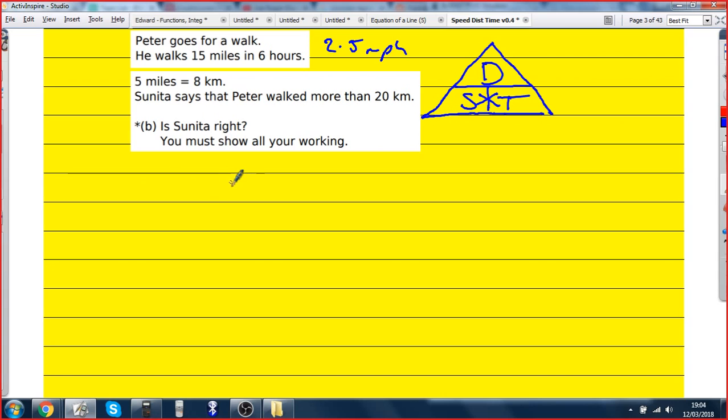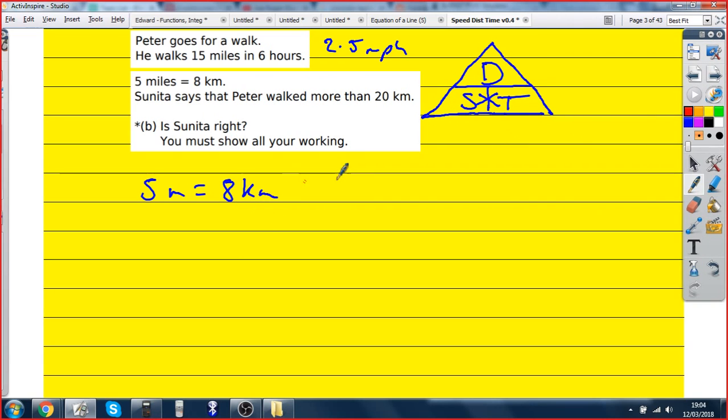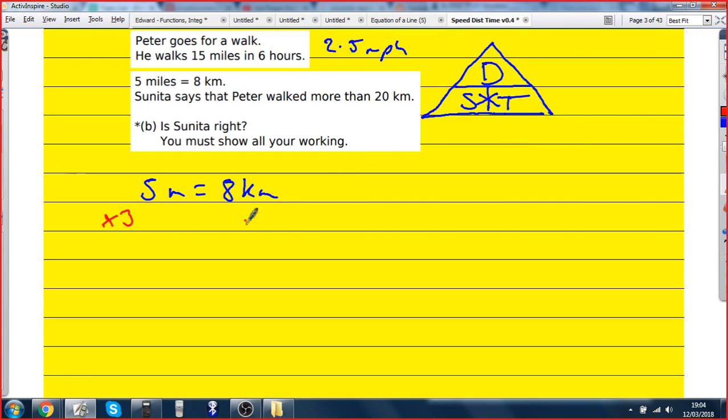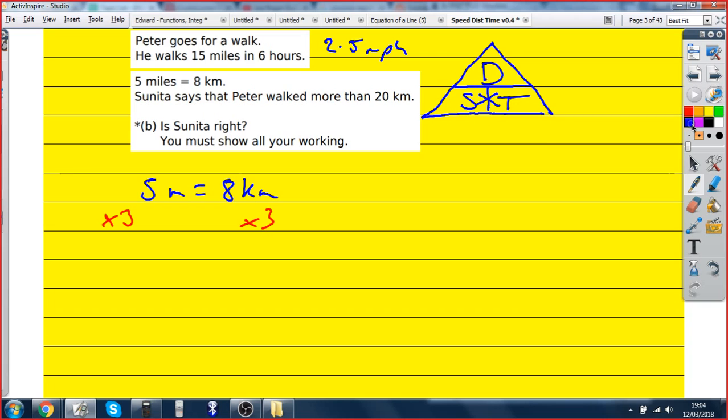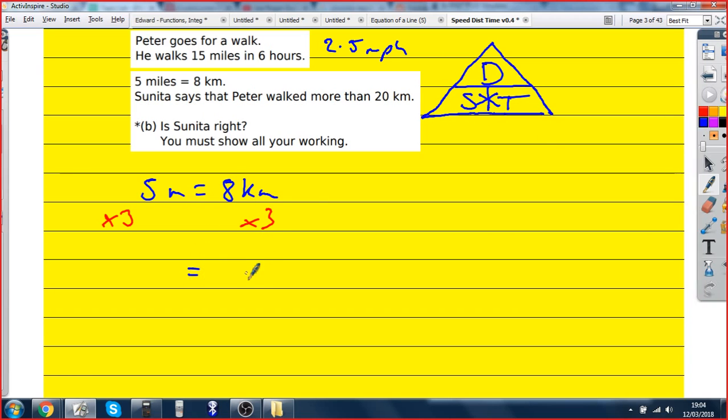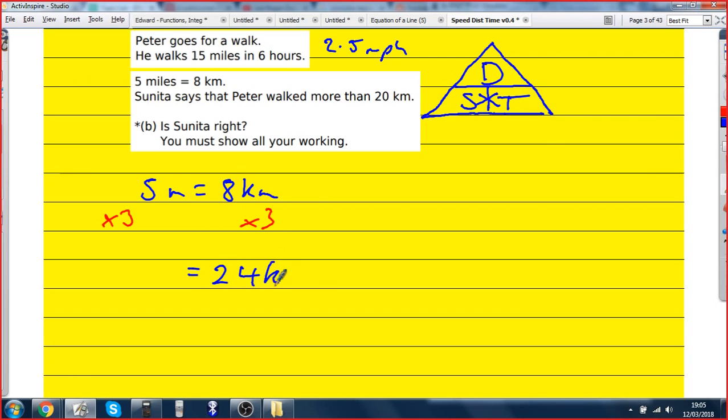Okay. So what is that times 3? So you get 24. So it's 24 kilometers. So they're right.